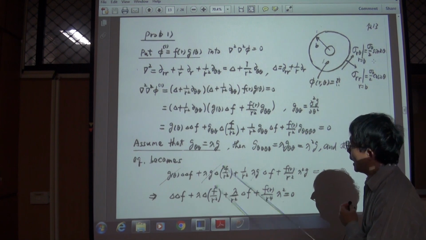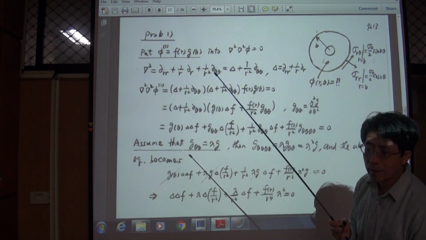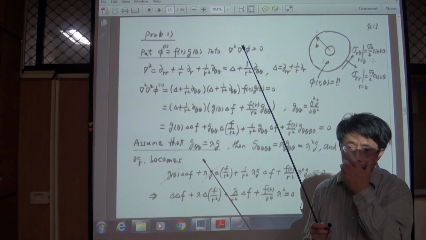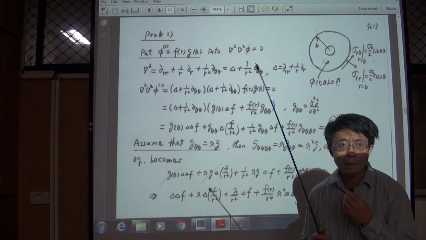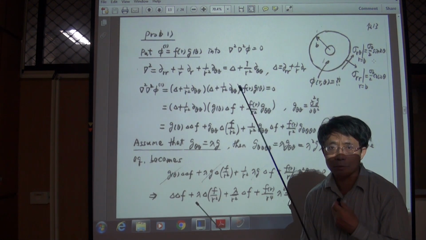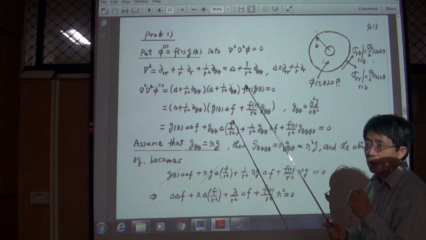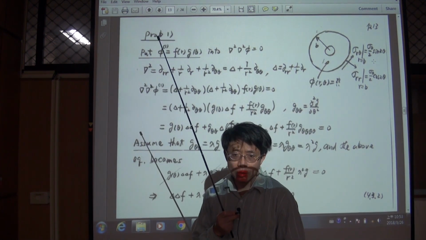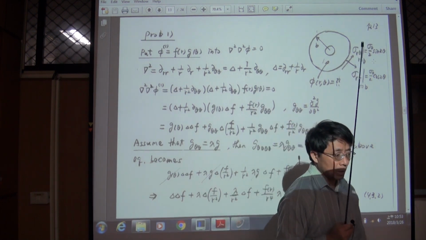Now this is quite a complicated equation. We cannot go further without making some simplification. So we assume that we have this relation. You may ask me, Professor, why do you know that you can use this approach to simplify the problem?